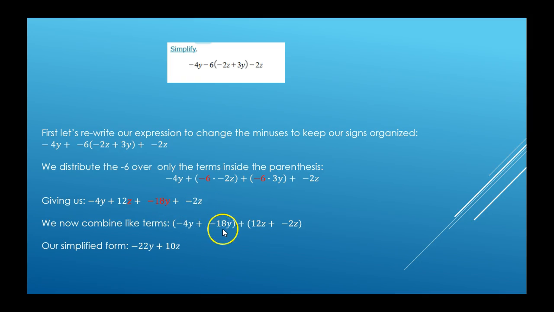So -4y and -18y gives me a -22y. Plus 12z and -2z give me a positive 10z. So our simplified form is -22y plus 10z. And that is the conclusion of the Week 4 Part 2 lecture.